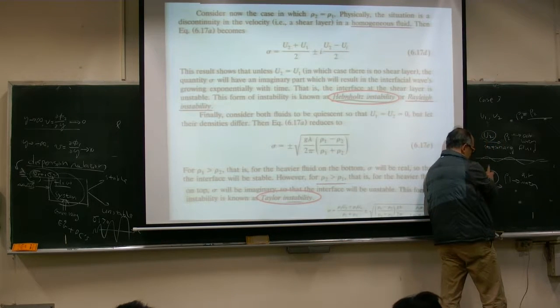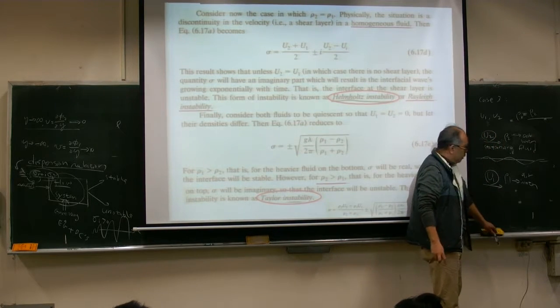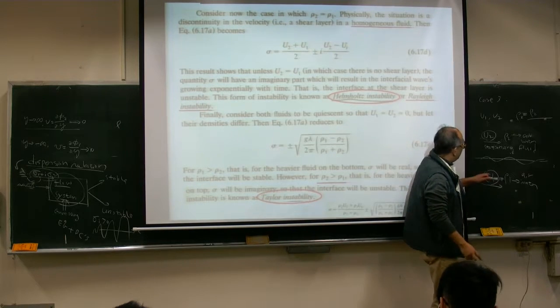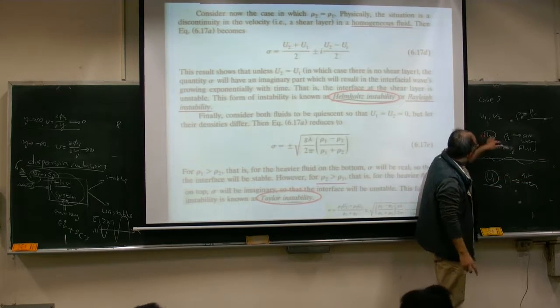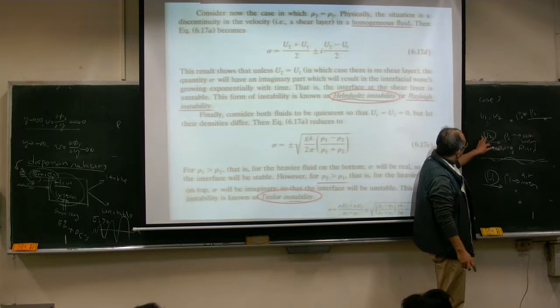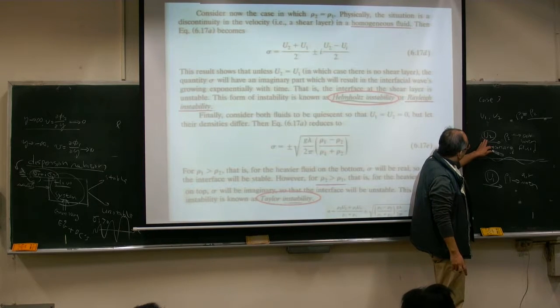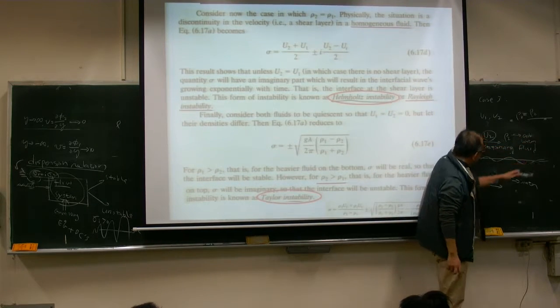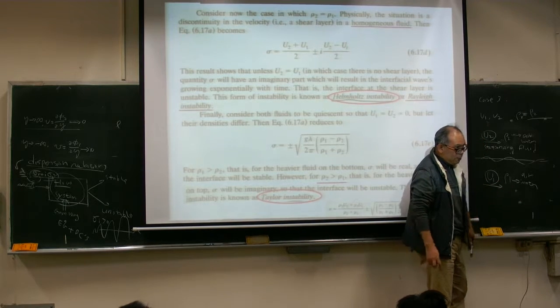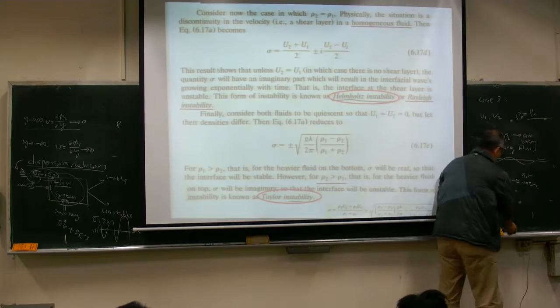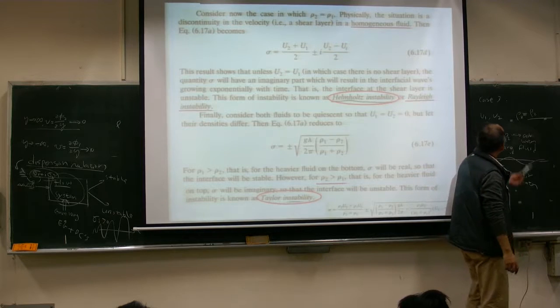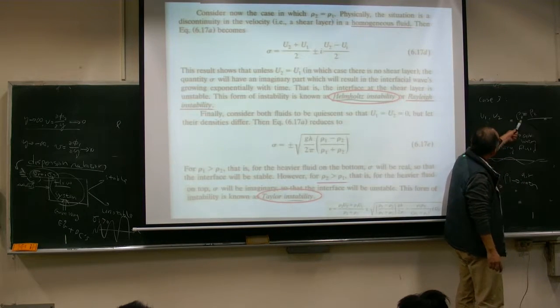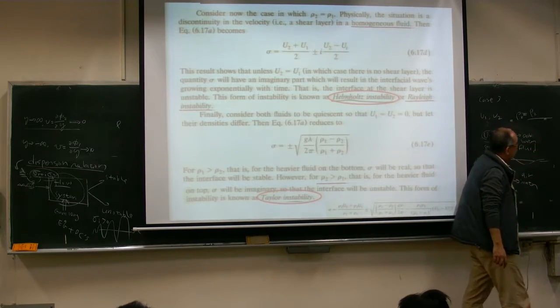U1, U2 is arbitrarily chosen. You can have the faster below or the smaller velocity above, or vice versa. You have high speed above, small speed below. Whatever, U1, U2 is arbitrary, but however we have rho 1 equal to rho 2.